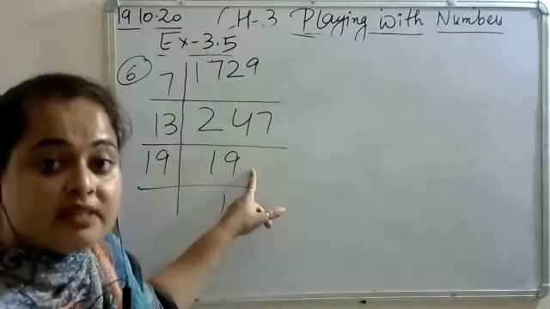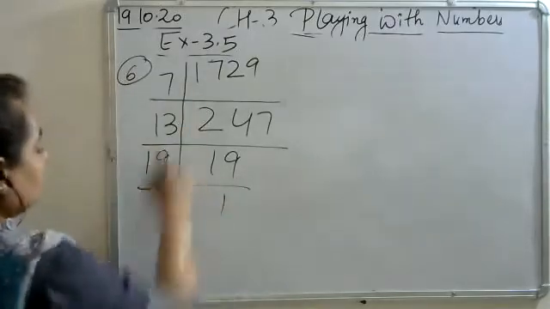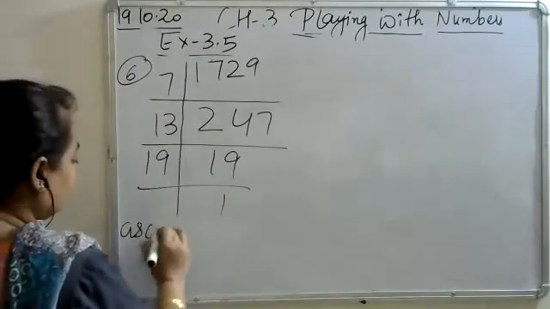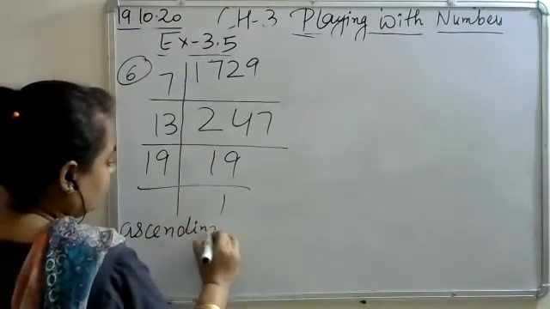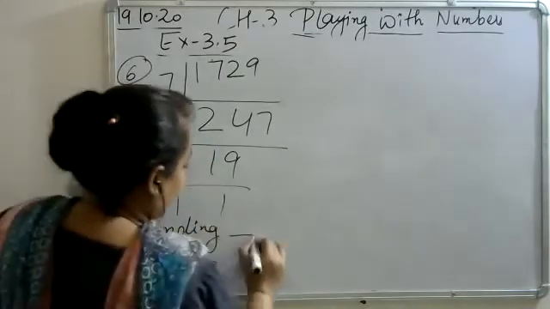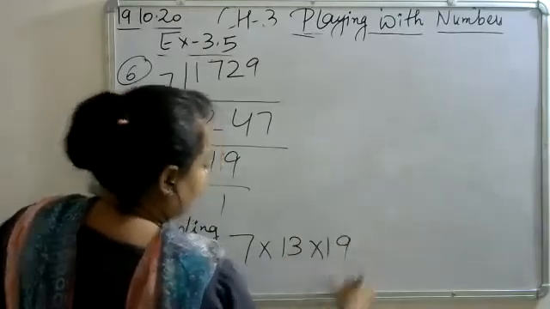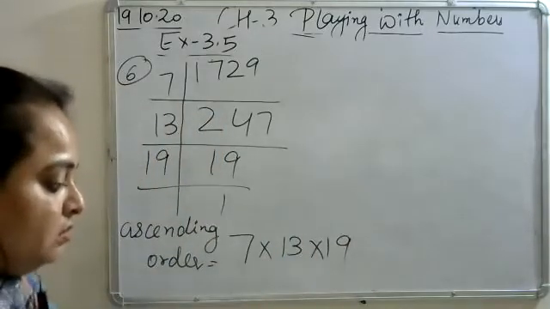Now the question is ascending order: 7 multiplied by 13 multiplied by 19. This is the ascending order.